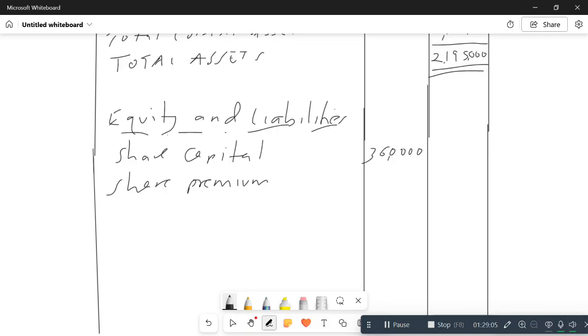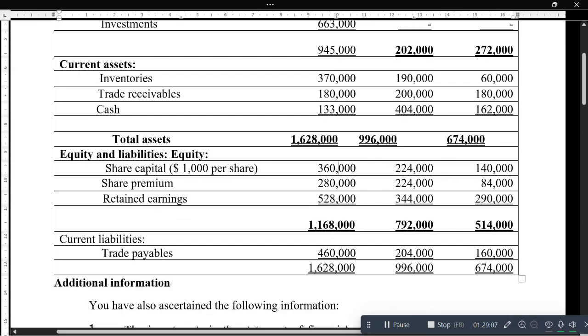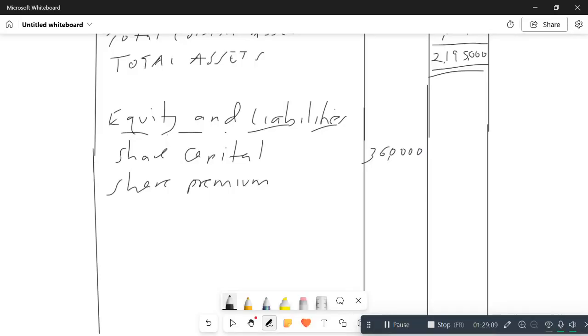Share premium, yes, 280. Then group retained earnings.